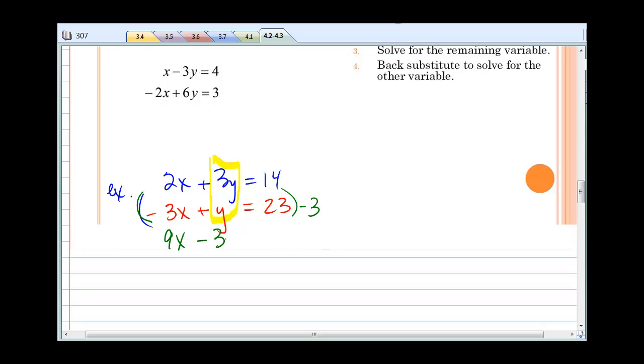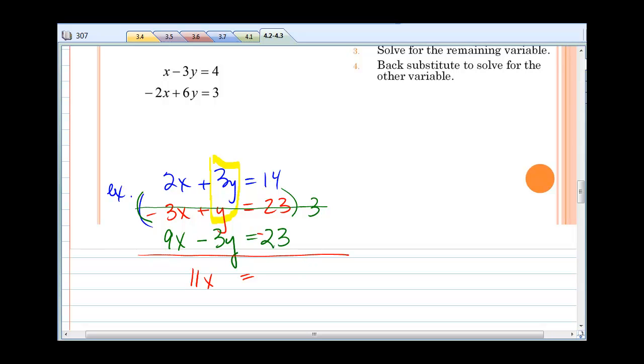When I do that, I can rewrite this equation as 9x minus 3y is equal to 23. So I just rewrote my second equation with a multiple of 3. The reason I did that is because when I add the blue equation and the green equation straight down, 2x plus 9x is 11x, but 3y minus 3y is 0.